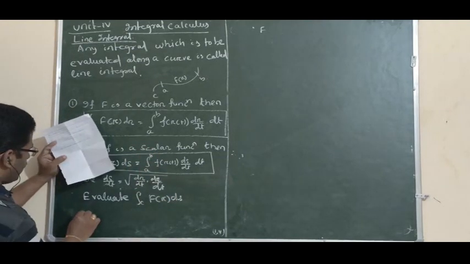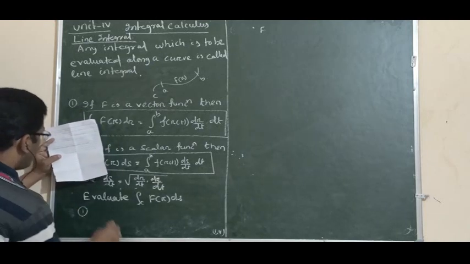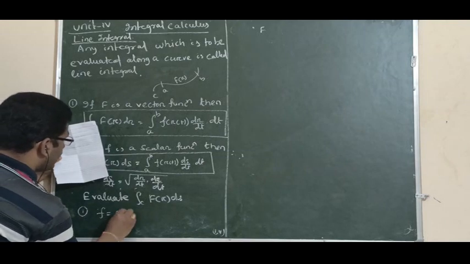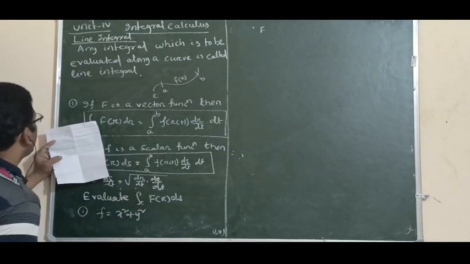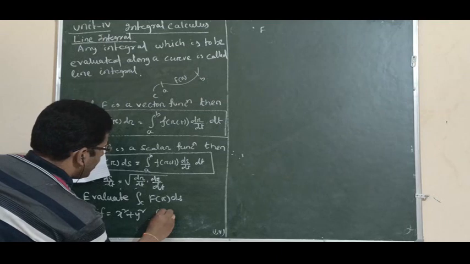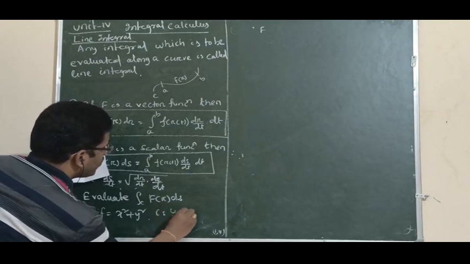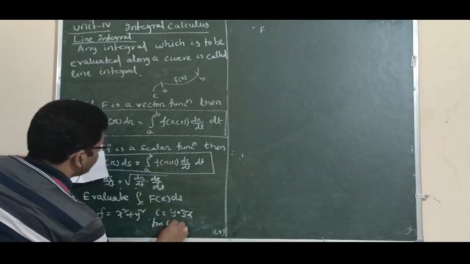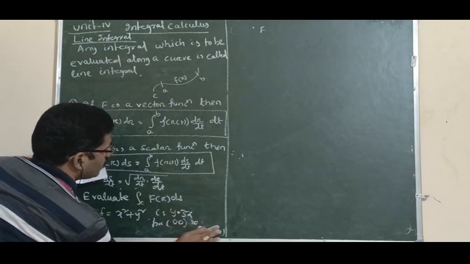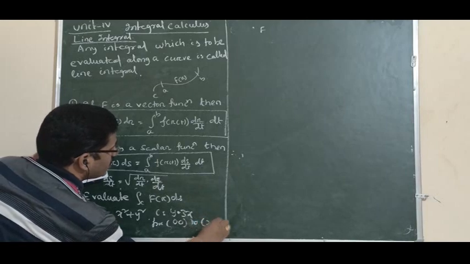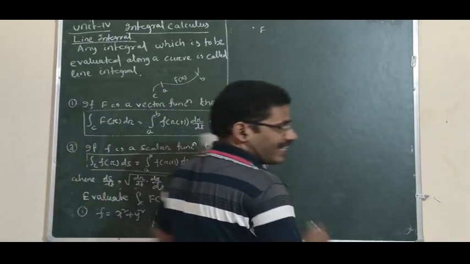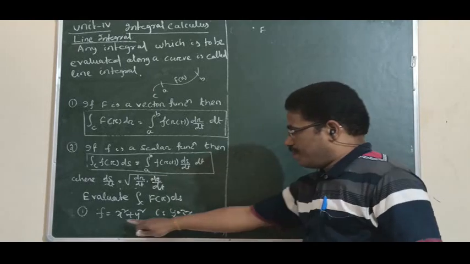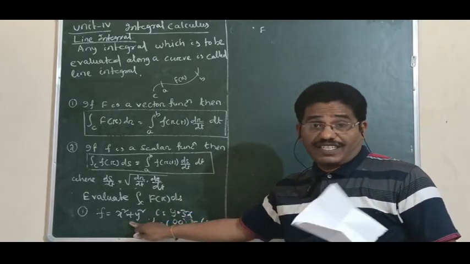Question number 1: if f is equal to x square plus y square and C the curve is y equal to 3x from 0, 0 to 6. This is the second type of problem, if f is a scalar function. F means it is x square plus y square. It is a scalar function.